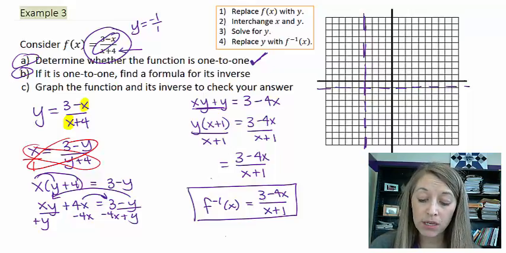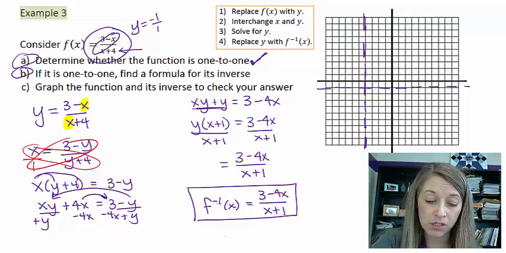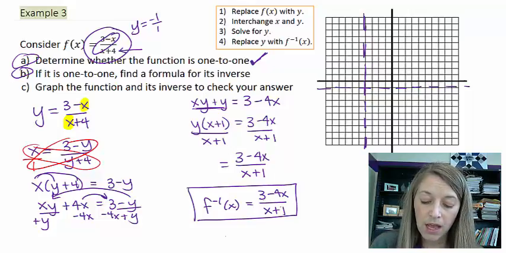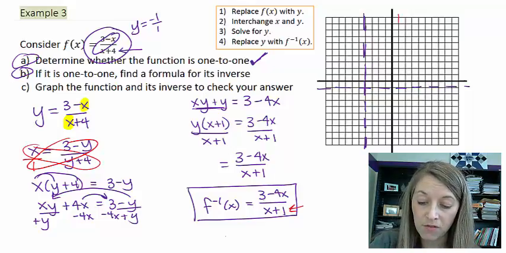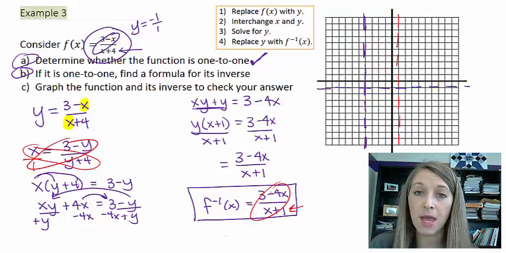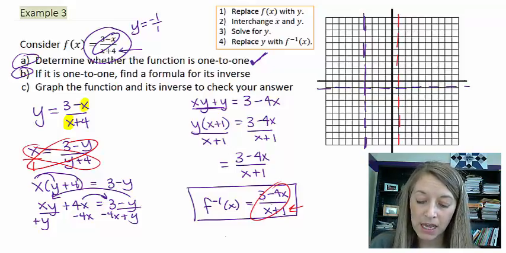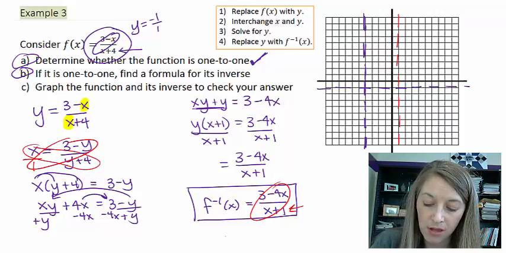And we need to be doing the same thing with my inverse function. So let me do that here. If I figure out where my denominator is equal to 0, I see that's at -1, so that gives me a vertical asymptote at -1. And if I look at my leading coefficients for my middle case, I see that it's -4/1. So I have a horizontal asymptote at -4.